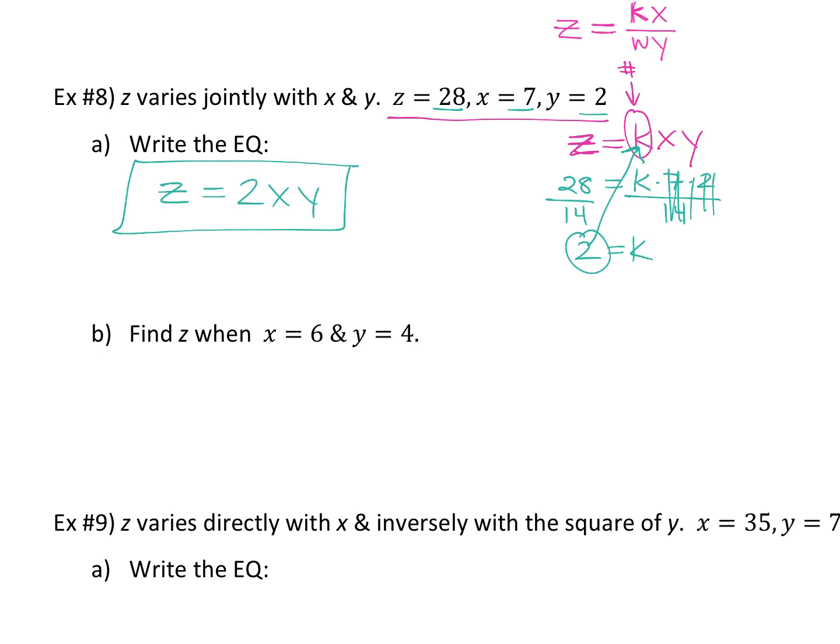Okay. So then it says find z if x is 6 and y is 4. What are you going to do? Plug them in, right? Now we have our equation. Plug them in here. So z equals 2 times 6 times 4. So z is what? 48.